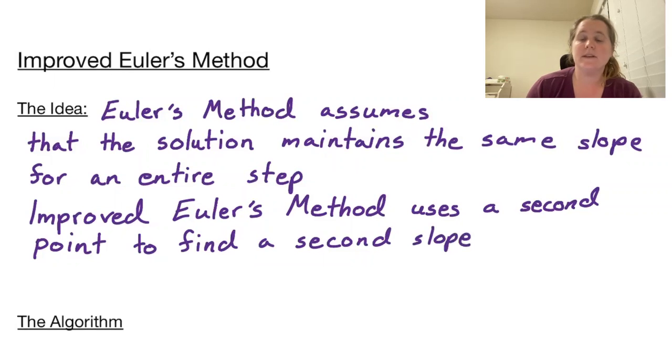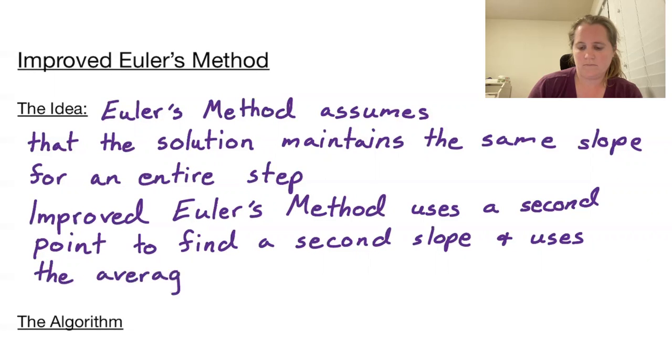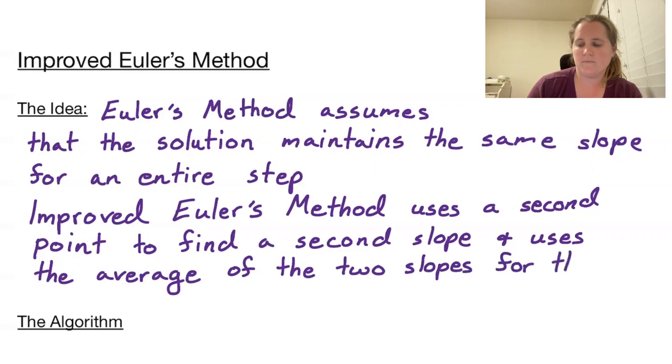And then uses the average for the line approximation. So it uses the average of the two slopes for the linear approximation.